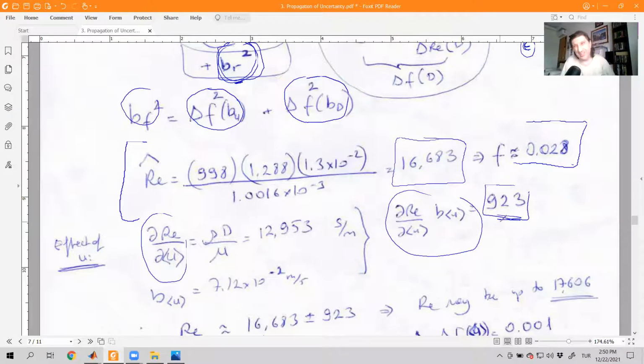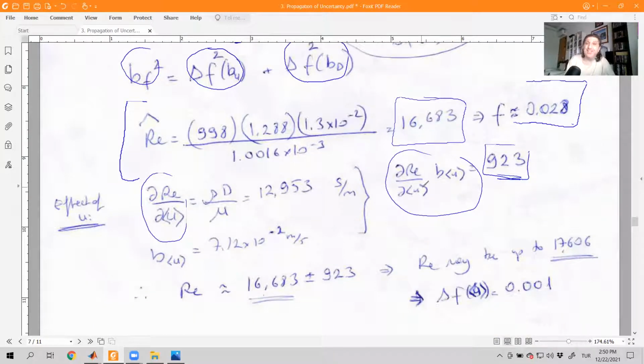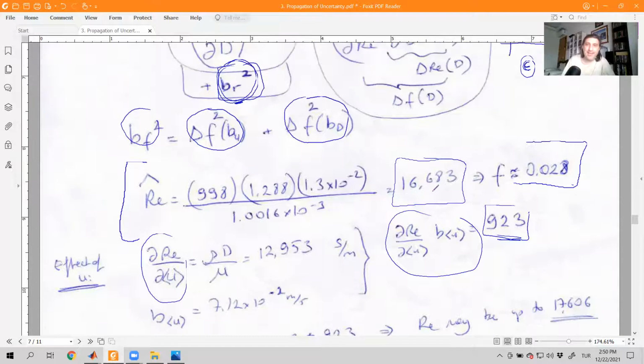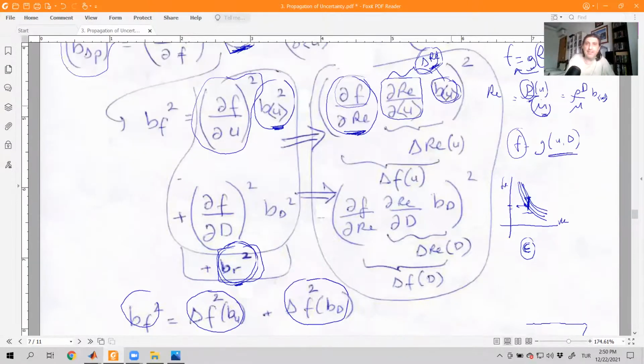But actually Reynolds number is unitless, so let me correct myself: a unitless change of 1000 in Reynolds number. So basically we have calculated this part.